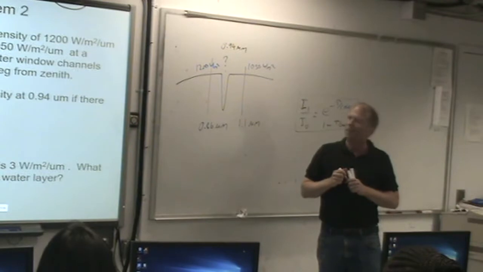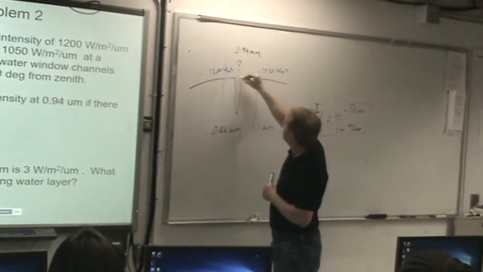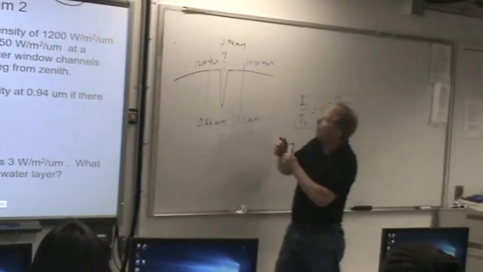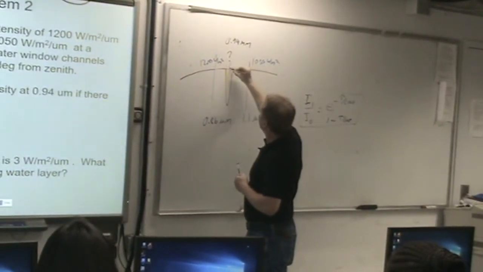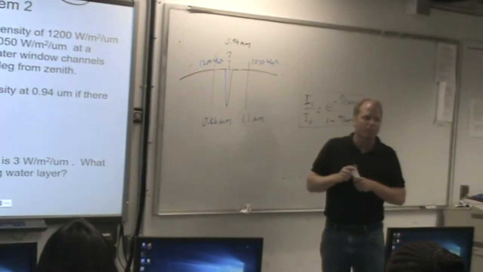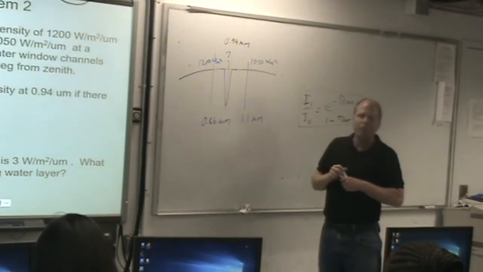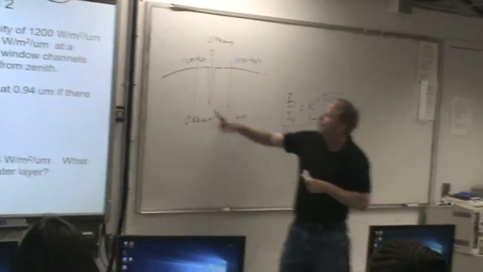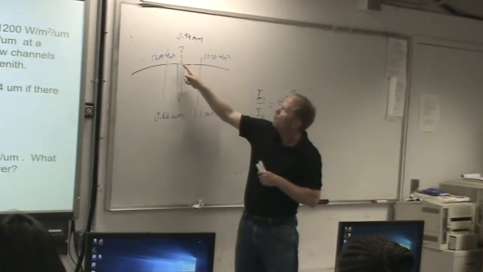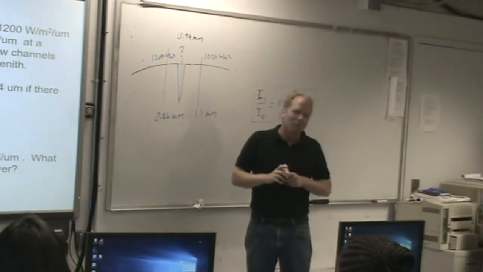The question is, what would be the expected intensity right here at 0.94 microns? So how would I figure that out? If I know the intensity at 0.86 microns and the intensity at 1.1 microns, how do I figure out what I would expect at 0.94 microns? Set up a ratio.